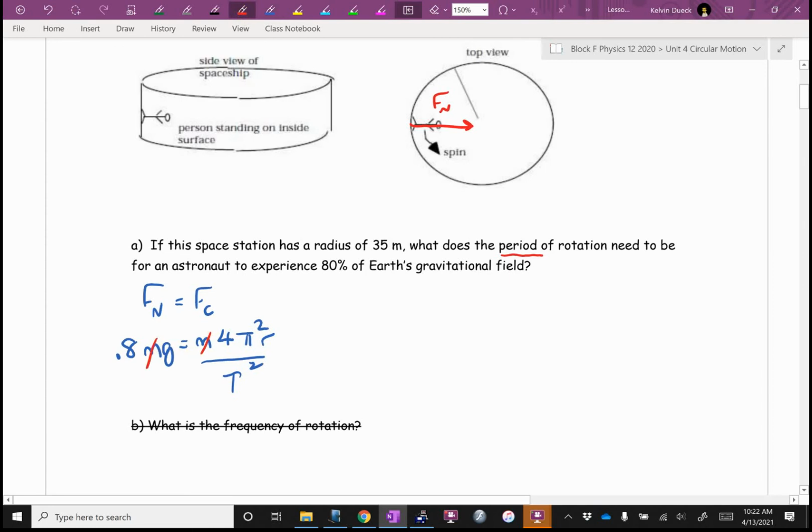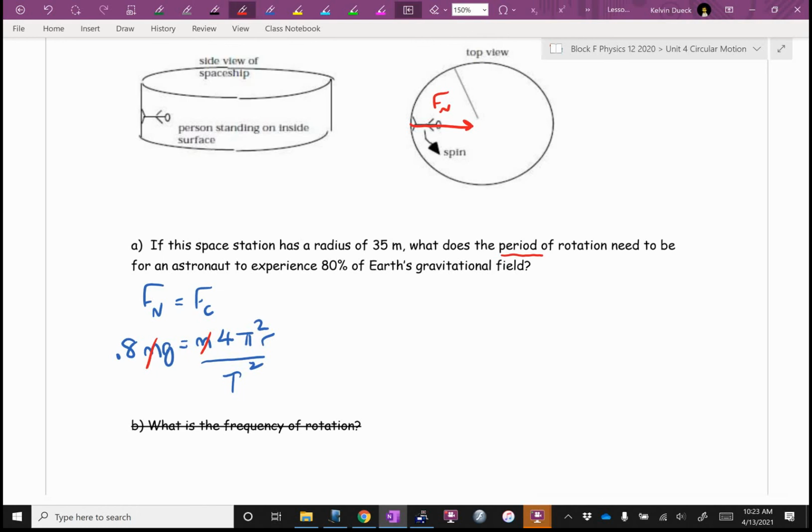What did this question want me to find? Which variable is that in my equation here? T. We're going to get the T by itself. Where is the T right now?